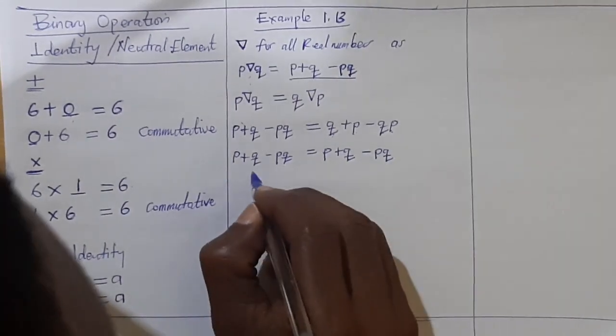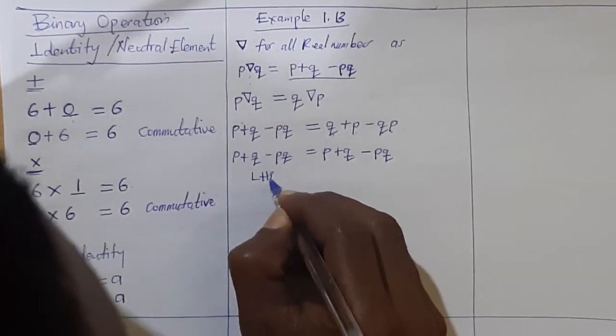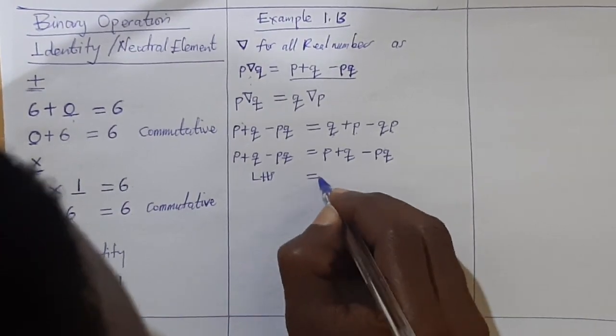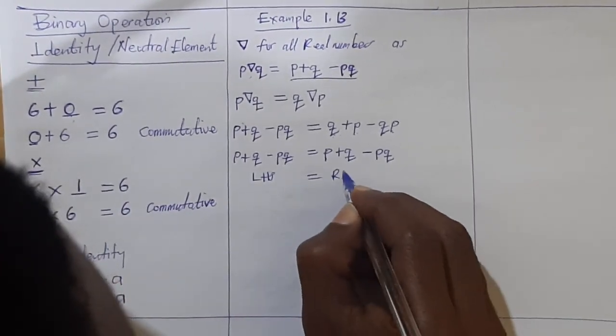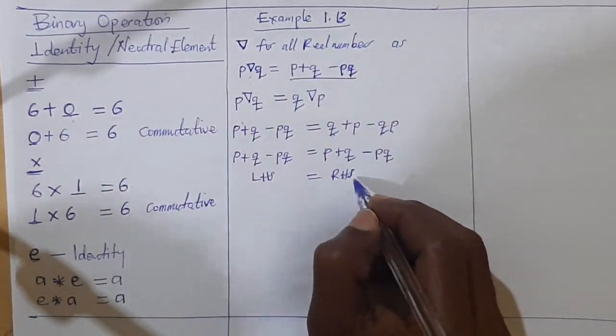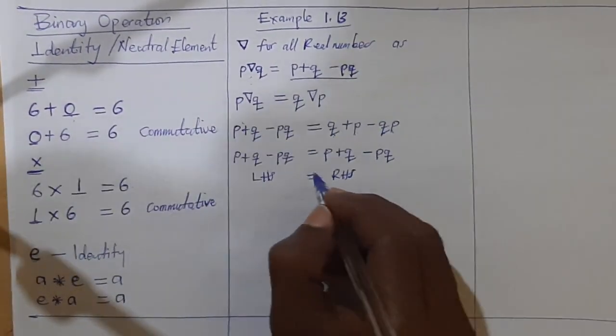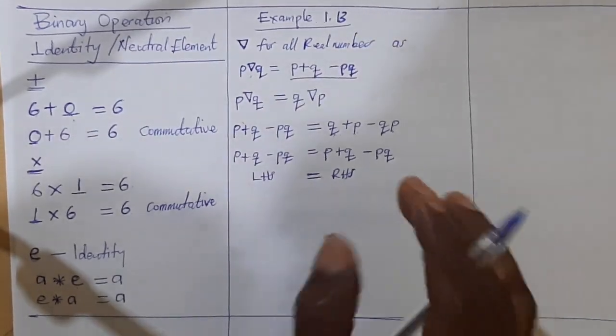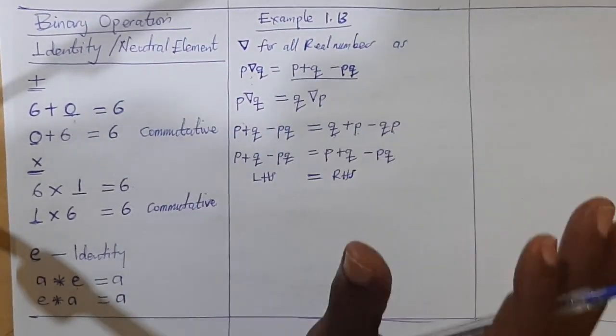So since the left hand side is equal to the right hand side, we say the operation is commutative. So this is only to prove that it's commutative.